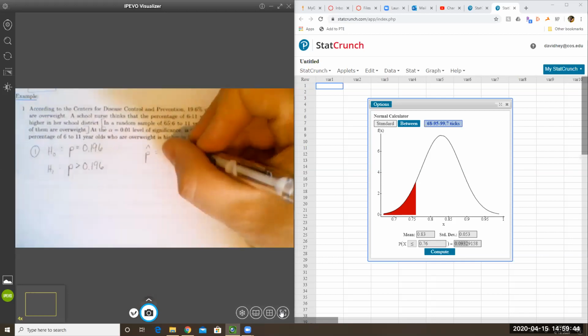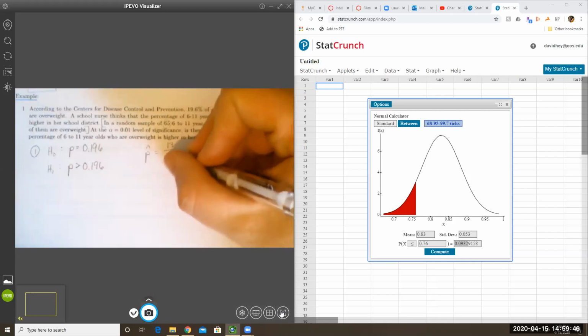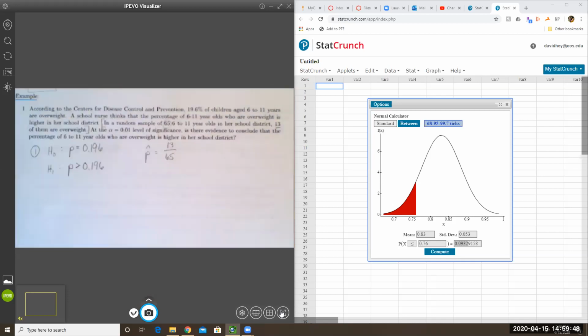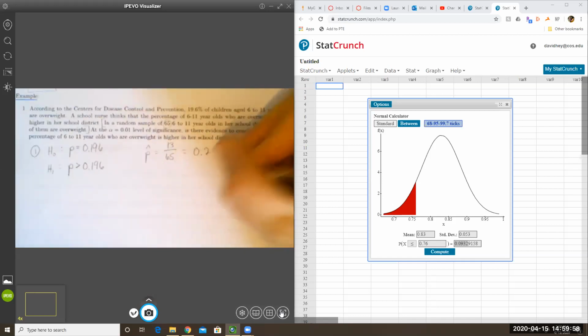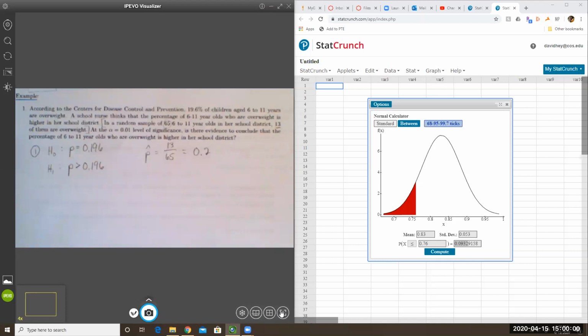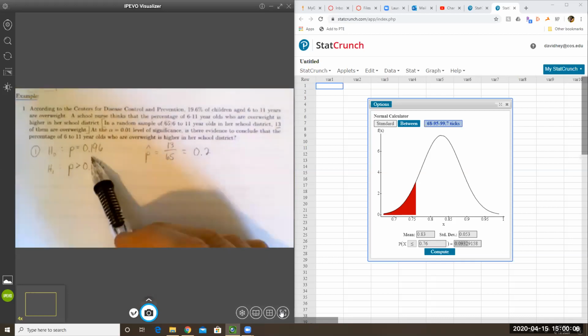That was the sample proportion of students who were overweight in her school district. So 13 out of 65 is 0.2 on the money. So 0.2 is definitely bigger than 0.196.